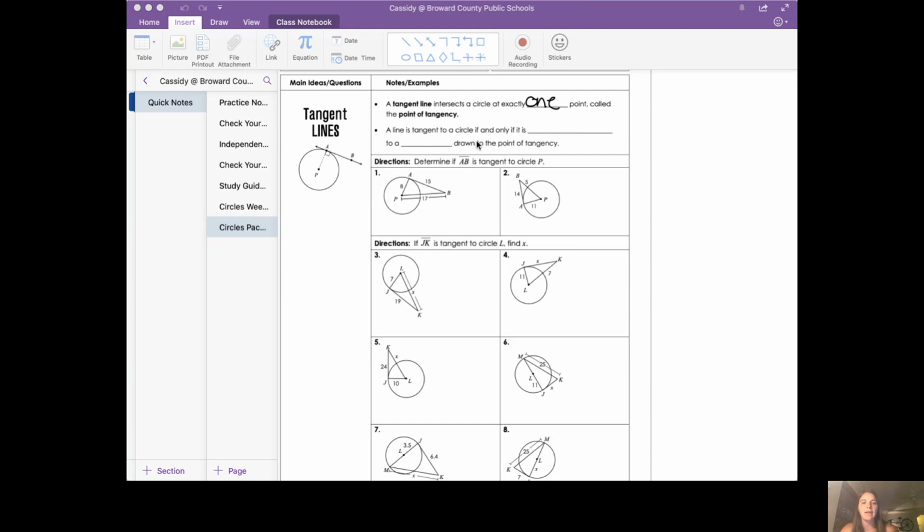All right, a line is tangent to a circle if and only if it is perpendicular to a radius drawn at the point of tangency. Okay, so perpendicular, what does perpendicular mean? Think of 90 degrees, okay, see in this picture.